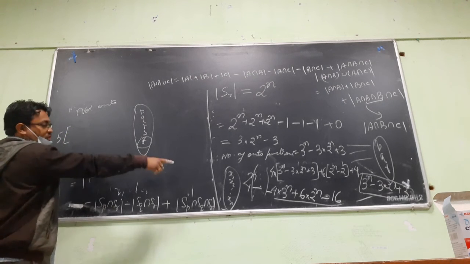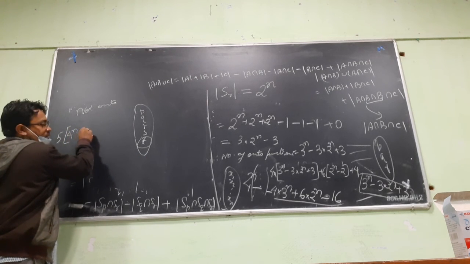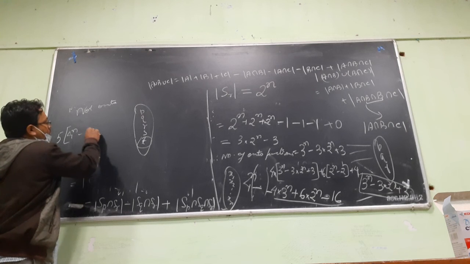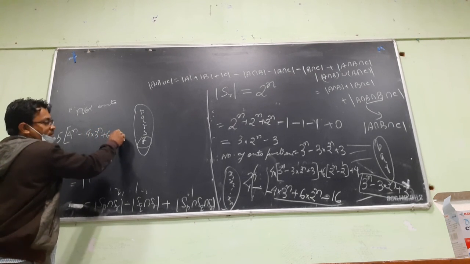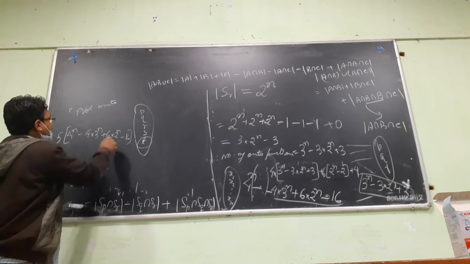So 5 times of this terminology, 4 to the power n minus 4 into 3 to the power n, plus 6 into 2 to the power n minus 16, like that.